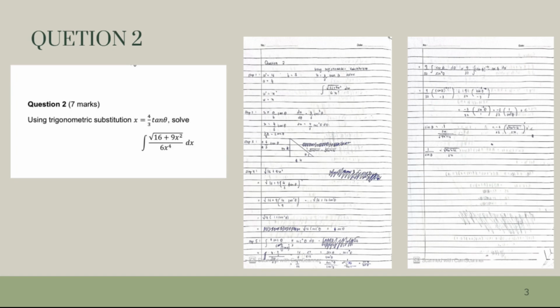And for step 5, we need to substitute everything into the integral. Now we substitute the simplified square root, x to the power 4, and dx back into the original problem, and we will get the integral of 4 secant theta over 6 times (4 over 3 tan theta) to the power 4, times 4 over 3 secant squared theta d theta, and we get 9 over 32 integral of secant to the power 3 theta over tan squared theta d theta.